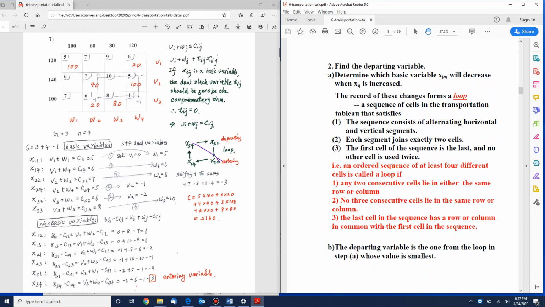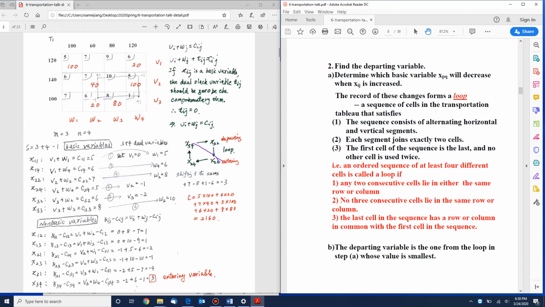The record of this change forms a loop, a sequence of cells in the transportation tableau that satisfy 3 conditions. One, the sequence consists of alternating horizontal and vertical segments. Second, each segment joins exactly 2 cells. Third, the first cell of the sequence is the last, and no other cell is used twice. Okay, keep this in your mind.